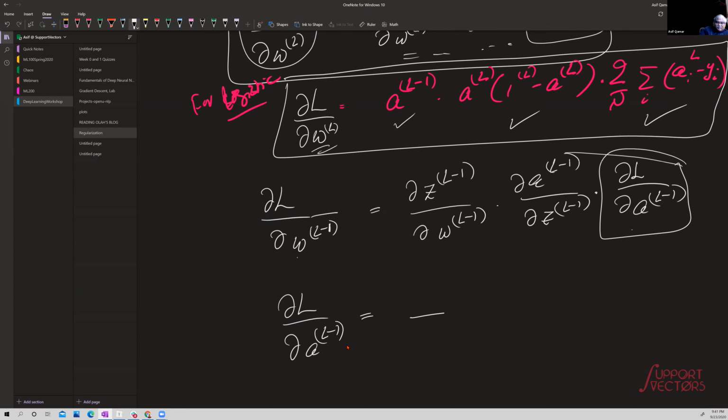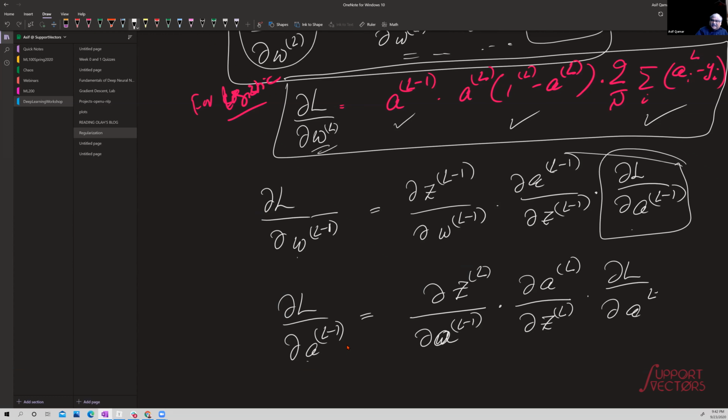A small change in A of L minus 1 will change Z of the Lth layer, and the rest remains the same. A change in the Z of the Lth layer will cause a change in the activation of the Lth layer, and dL, the activation of the Lth layer.